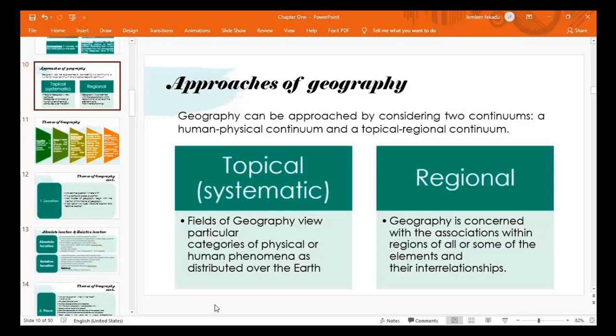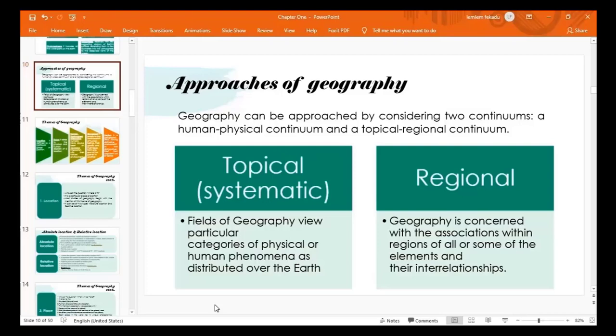This approach identifies similarities between places, and is also known as the field of geography viewing particular categories of physical or natural or human phenomena as distributed over the Earth's surface.